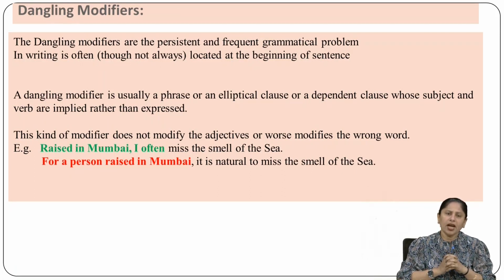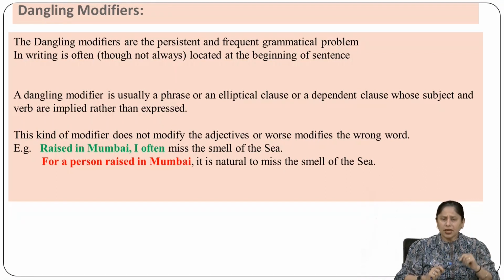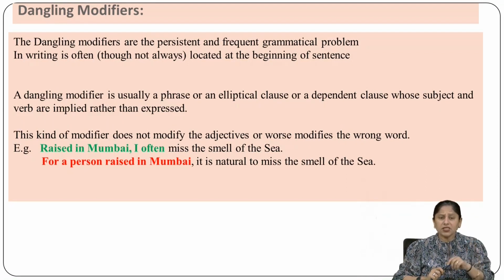Raised in Mumbai, I often miss the smell of the sea. For a person raised in Mumbai, it is natural to miss the smell of the sea. So here you can see that in the second sentence, "for a person" is added, and in the first sentence, "raised in Mumbai" is the beginning part.